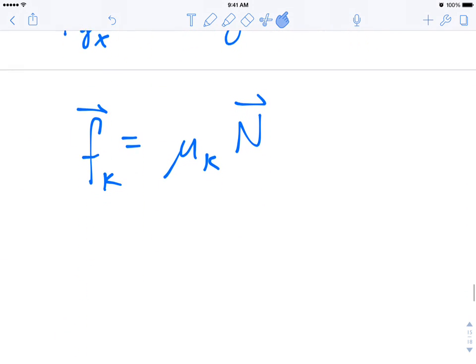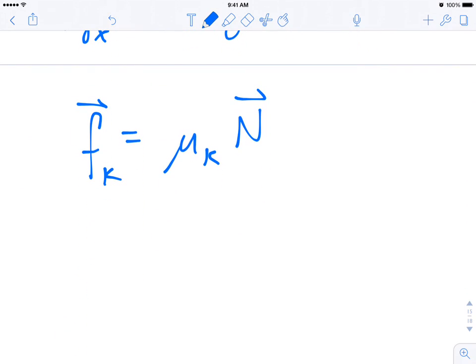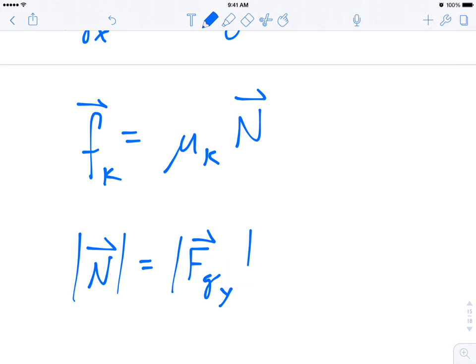And once again, from what we had learned yesterday, the magnitude of the normal force is going to equal the magnitude of the force of gravity on the y-axis, and we can calculate that by doing mg cosine theta.